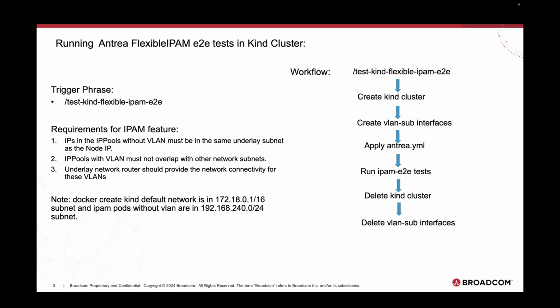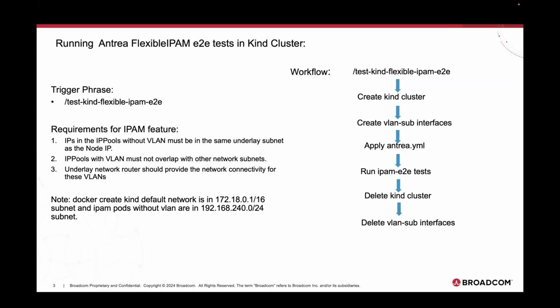Because this is the IPAM feature, we have a few requirements. The first requirement is that the IPs in the IP pool without VLAN must be in the same underlay subnet as the node IP. Second, an IP pool with VLAN must not overlap with other network subnets. It should be in a unique range. Third, the underlay network router should provide network connectivity for these VLANs.